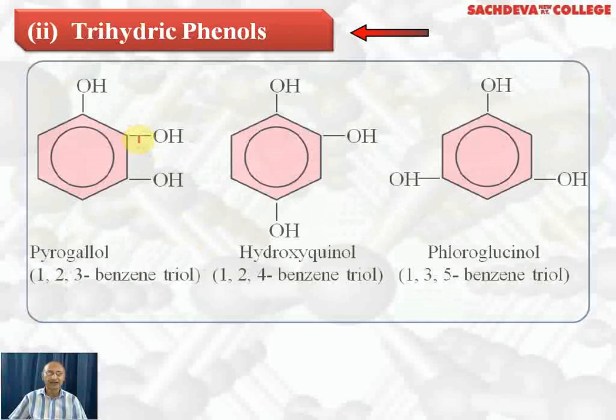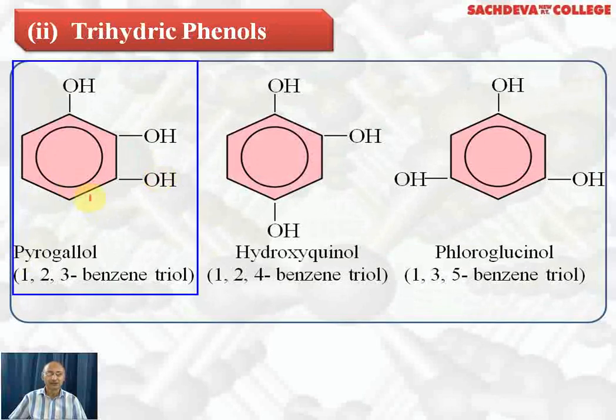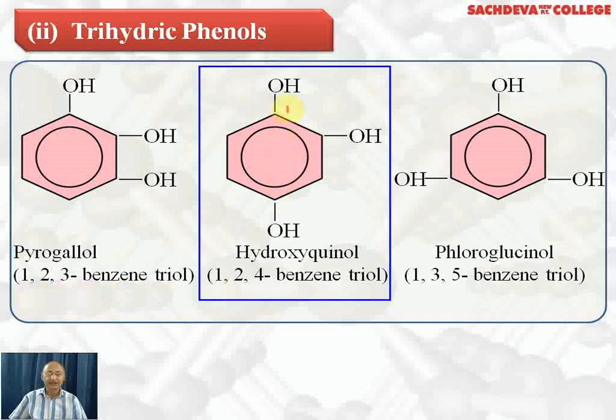Next, we are taking trihydric phenol. The first one is benzene having 3 OH groups at first, second, and third. Its popular name is pyrogallol. Remember, pyrogallol is the best absorber of oxygen. IUPAC name will be benzene-1,2,3-triol. Here we have OH groups at 1, 2, and 4.